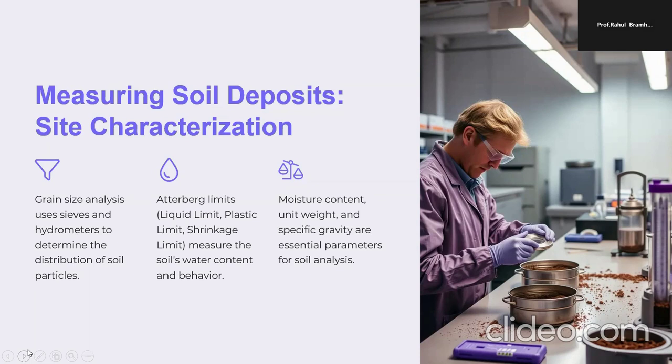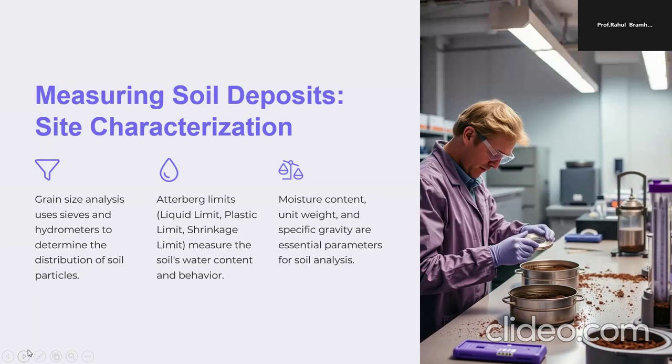The first one is grain size analysis, using sieves and a hydrometer to determine the distribution of soil particles. The first part of measuring soil deposits is finding out the grain size, or the analysis of grain size, by using sieves.